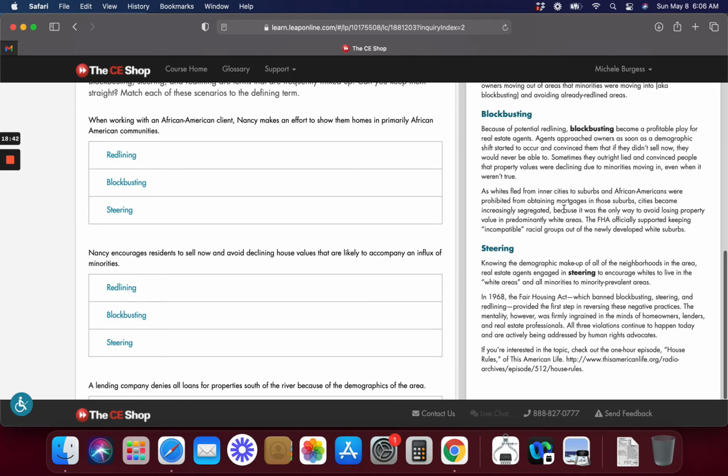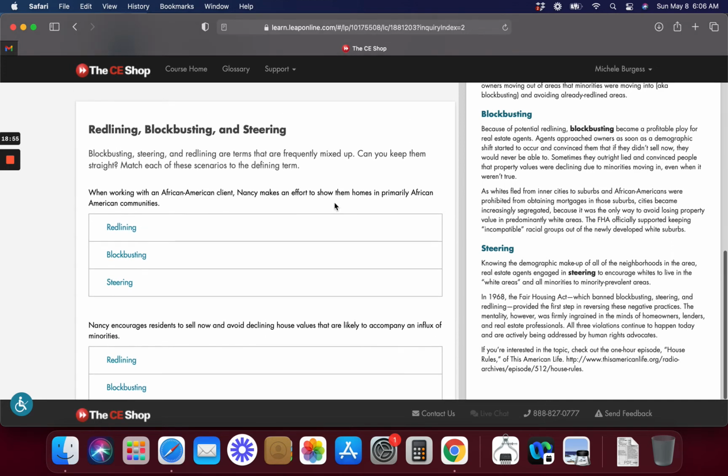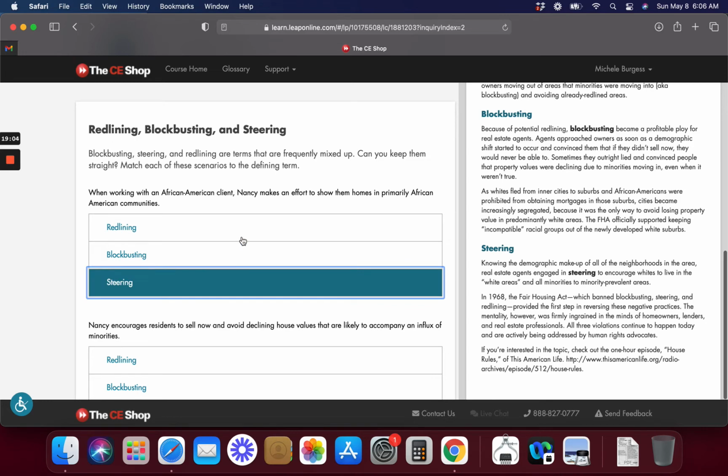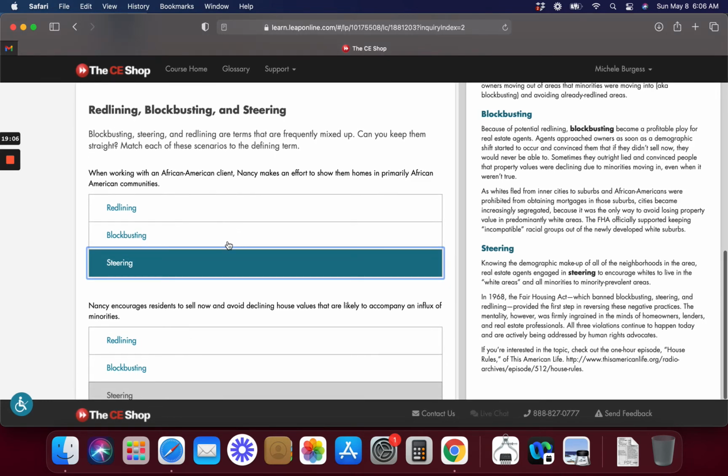Steering is knowing the demographic makeup of all the neighborhoods in the area and encouraging certain racial types to move to areas where their race is prevalent. When working with an African American client, Nancy makes an effort to show them a home in primarily African American communities, and that would be an idea of steering, I do believe.